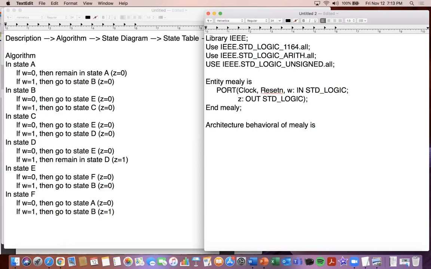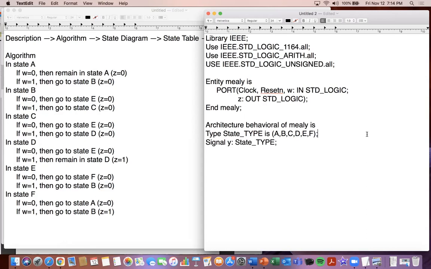So type state_type, and then how many states do we have here? 1, 2, 3, 4, 5, 6. Okay, so our state type is A, B, C, D, E, F. And then signal Y, and Y is gonna be a state_type. Okay, got our signal in here, we got our state types in here.